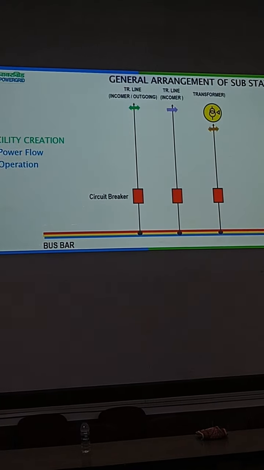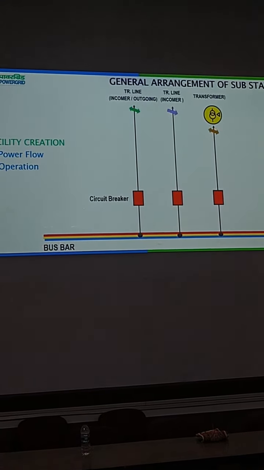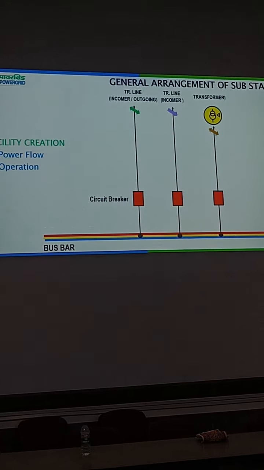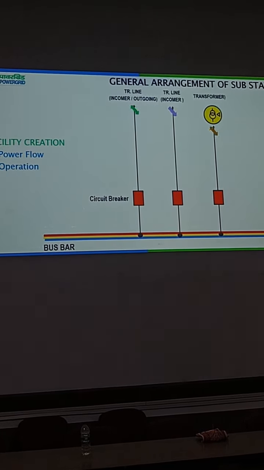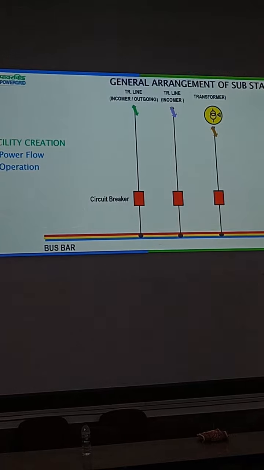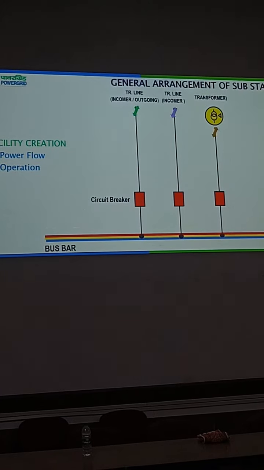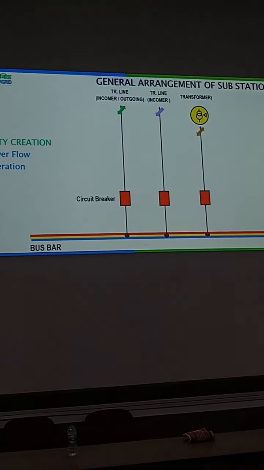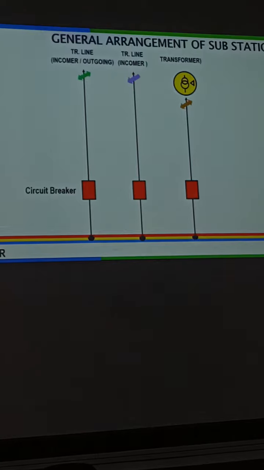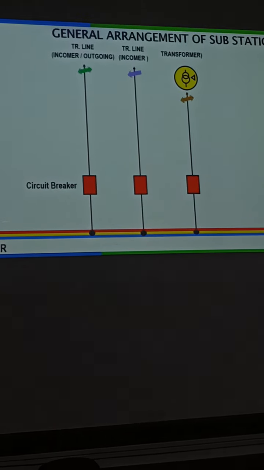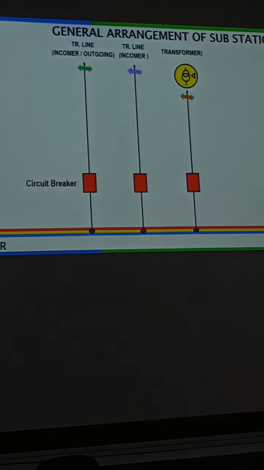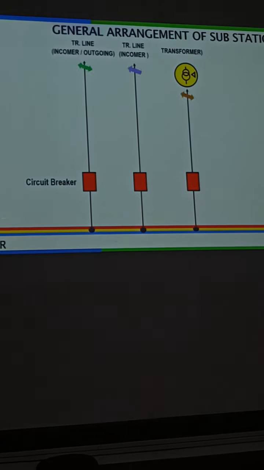In any asset, if you do not do the maintenance, it will die soon. So you have to have some maintenance facilities. Without maintenance, nothing can survive. So the next facility requirement is maintenance.